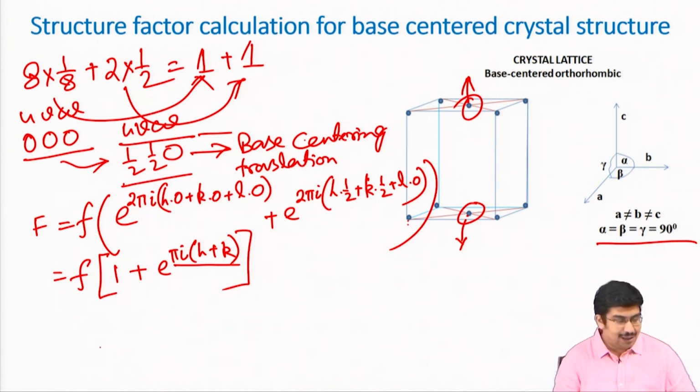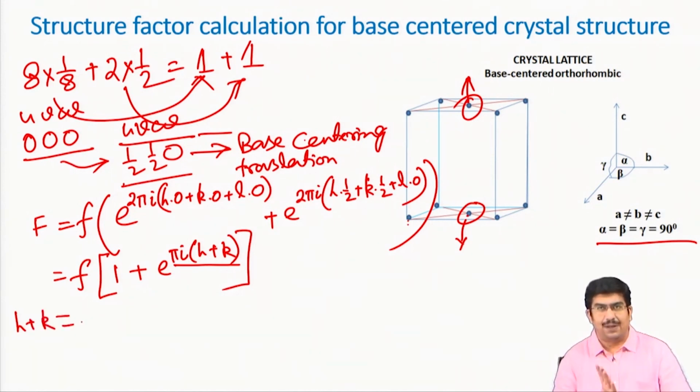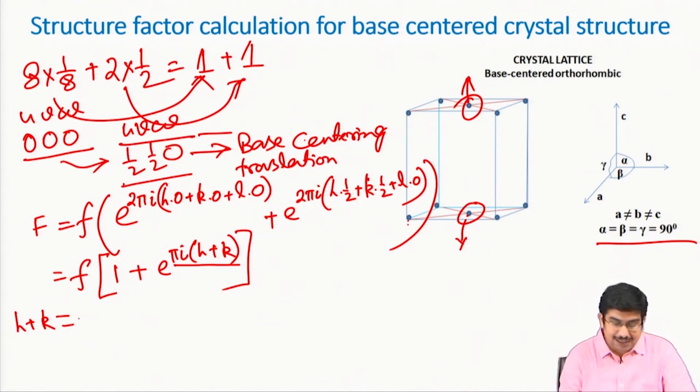If we now imagine H plus K, two different conditions can happen. Either H plus K can be even or H plus K can be odd, and depending on that this entire expression will change. Let us say H plus K is even.